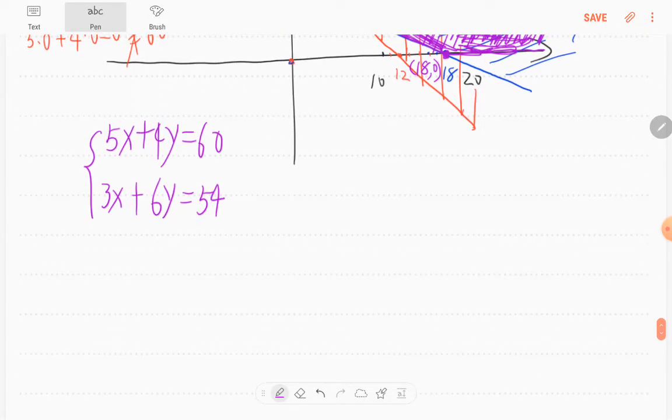If you multiply 3 on the first one, it will give you 15x plus 12y equals 180.